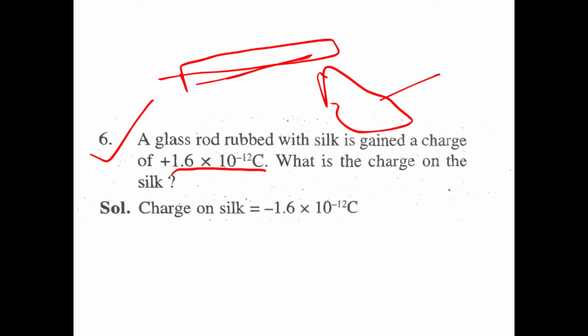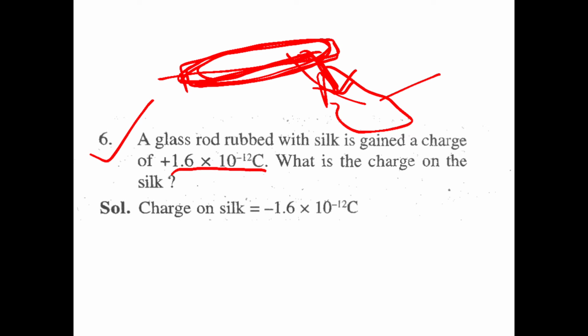You have to remember this: if you rub a silk cloth with a glass rod, then the glass rod transfers its electrons to the silk cloth.